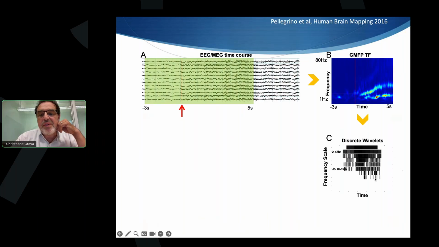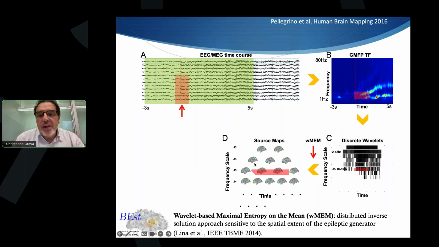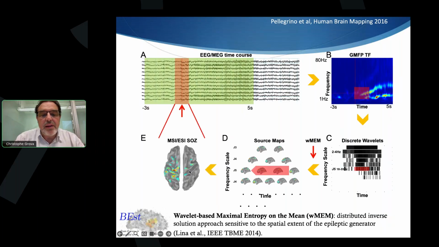So these are these discrete wavelets, to identify what time frequency boxes were the most important. And it looked like this box here, between 18 to 35 Hertz, corresponds nicely to the very beginning of the seizure. And then for every box here, I can reconstruct a map. And then I'm going to select the boxes that were involved in that frequency at the very beginning of the seizure. And I can map the seizure onset zone like that.